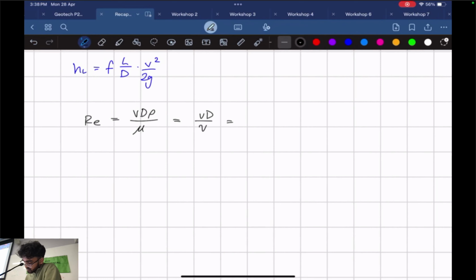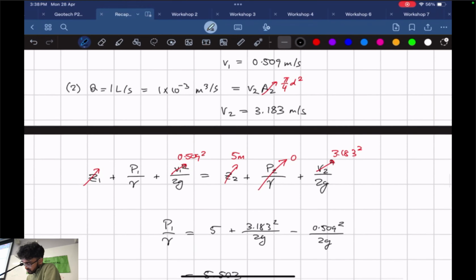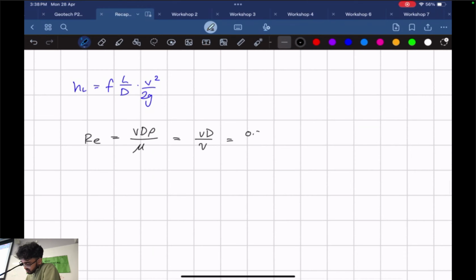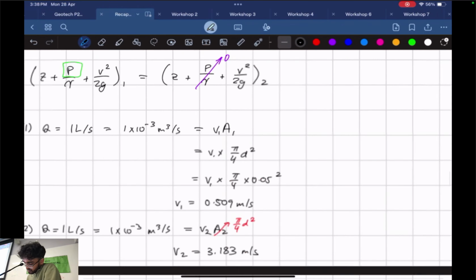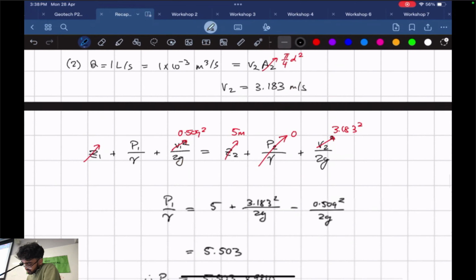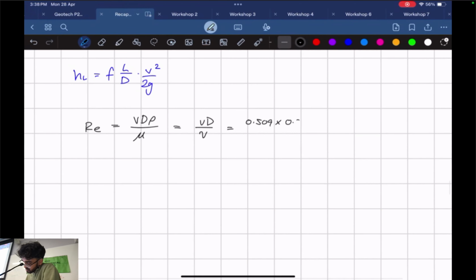So for velocity, I'm just going to use V1, or like a mean velocity, which is 0.509 times our diameter of the pipe, 5 centimeters, over 10 to the minus 6. Which is greater than 2000, therefore turbulent.